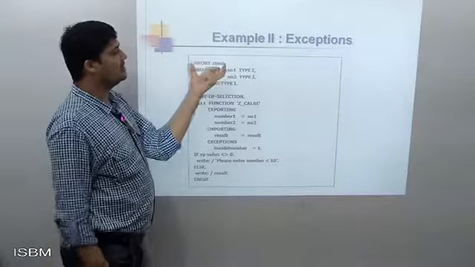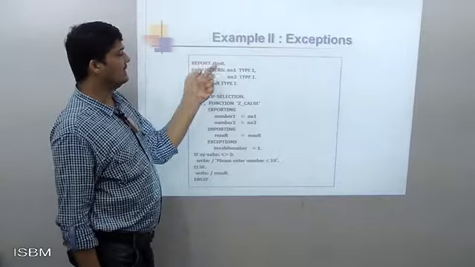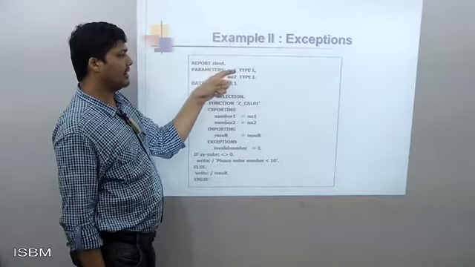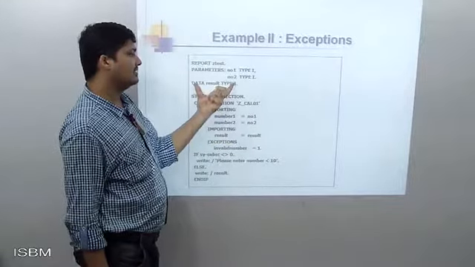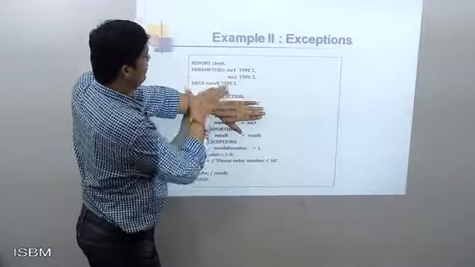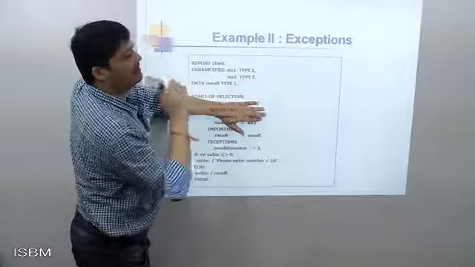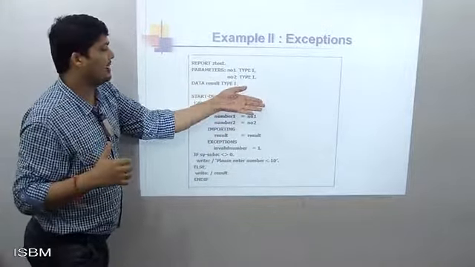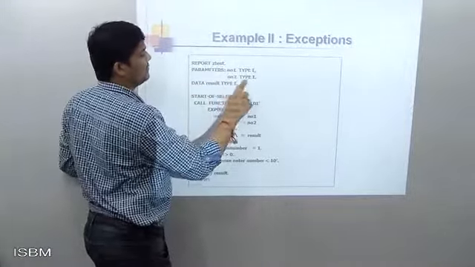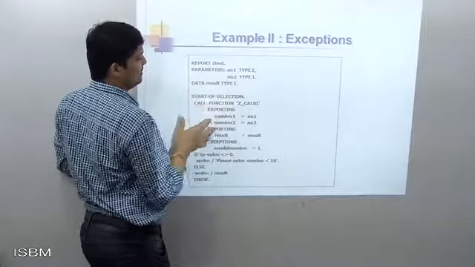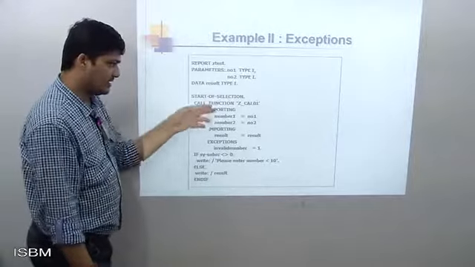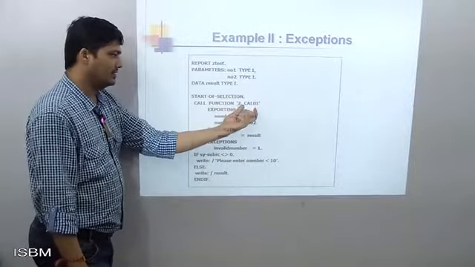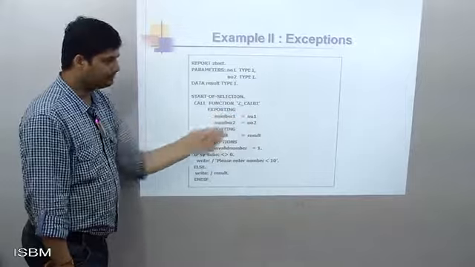Initially we started the report Z test, then I have written the parameter number 1 and number 2, the same as I have used. Then result, these three things are all old. In the past program I have written this: number 1 type I, number 2 type I, data declaration, this is parameter declaration, then result type I. Then start of selection, I'm calling the function module Z call 01.